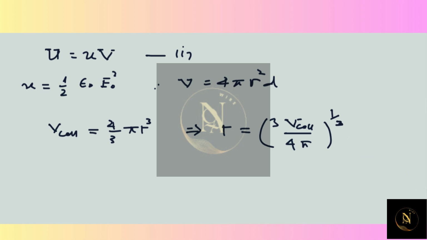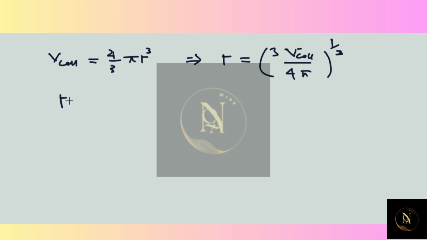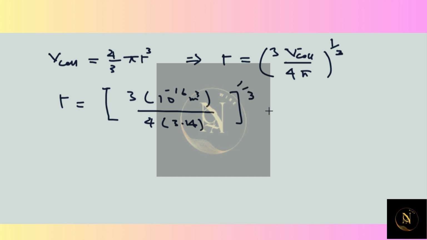Now by inserting values, r is equal to 3 into 10 raised to the power minus 16 meter cubed, divided by 4 into 3.14, whole raised to the power 1 divided by 3. This gives us r as 2.88 multiplied by 10 raised to the power minus 6 meter.